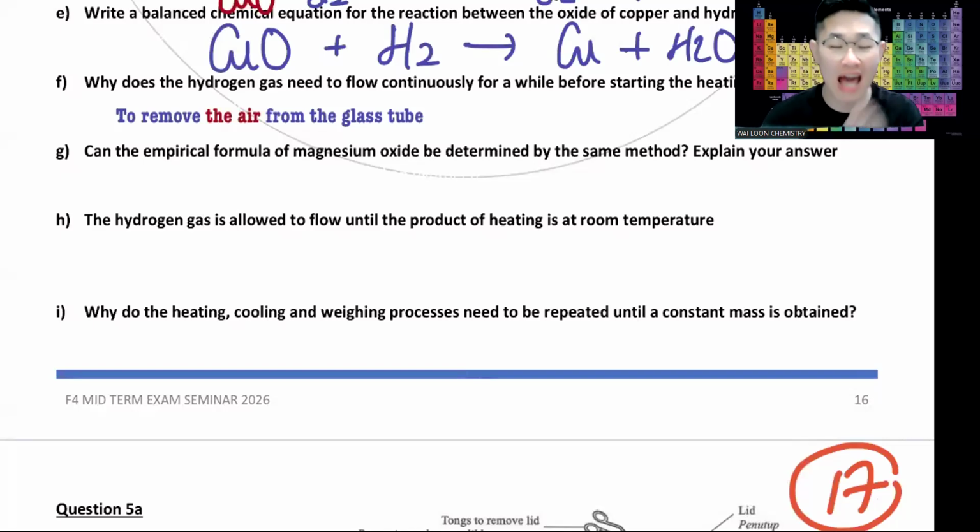Okay, we say remove the air. Whatever air is inside the test tube, we remove it. We just want it to be purely hydrogen inside.